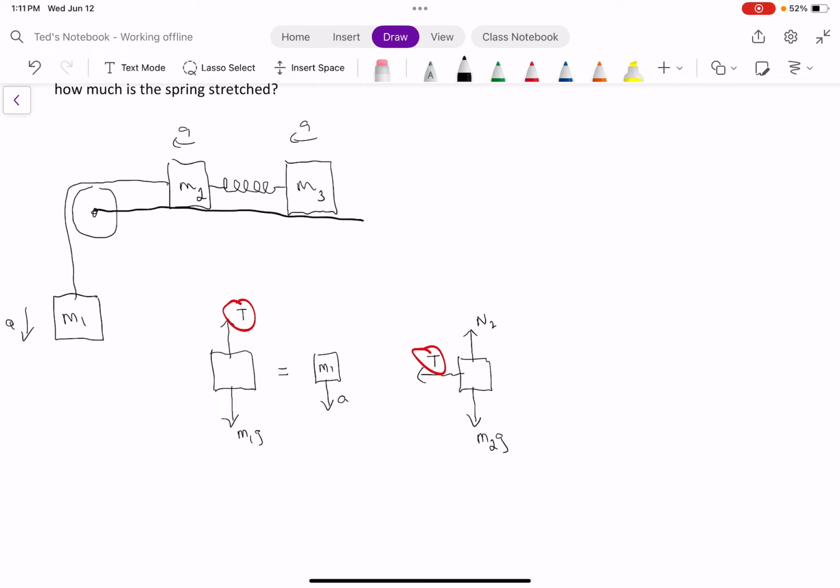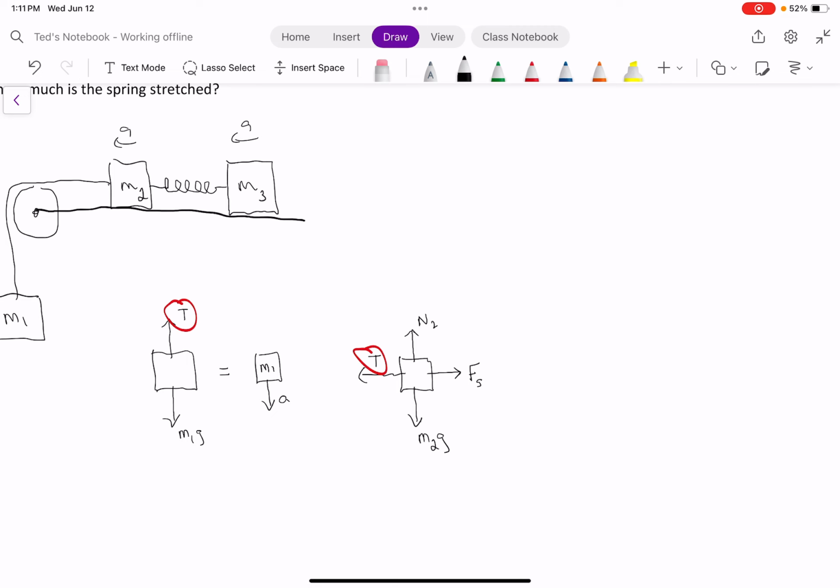And we have the spring pulling to the left. I'm going to label that force of the spring. And those four forces together are going to cause this thing to accelerate to the left. So we'll label that M2 times the acceleration, and we know the acceleration points to the left.